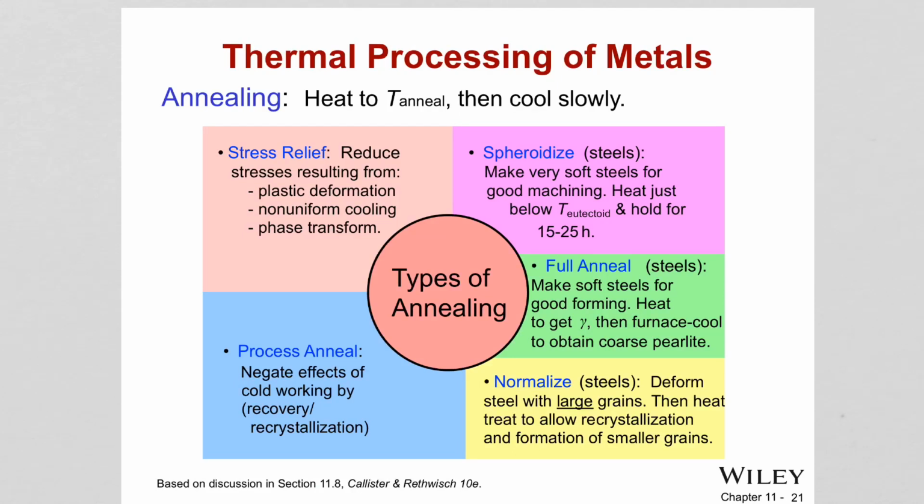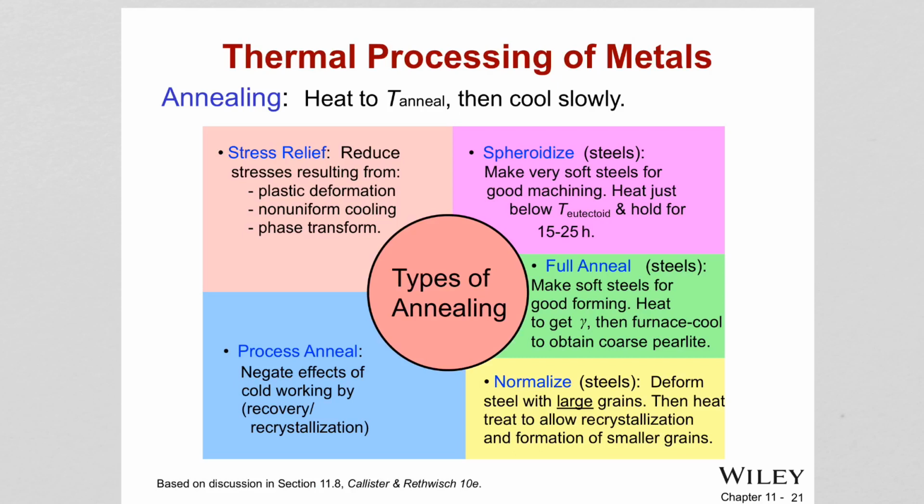Another one is stress relief. In this case, there can be residual stresses that may develop inside a workpiece. Then we want to relieve those stresses. How can internal stresses develop? For example, you are doing machining and grinding.